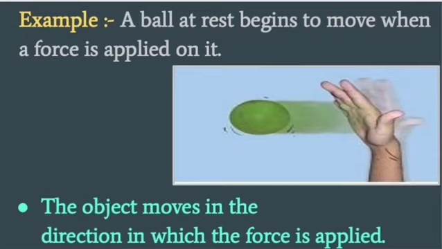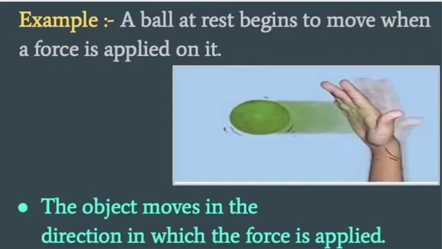For example, suppose you apply force on your notebook from the right direction. The direction of force is right, which means your notebook moves along the right direction. And if you apply force from the left direction, then the object moves along the left direction.